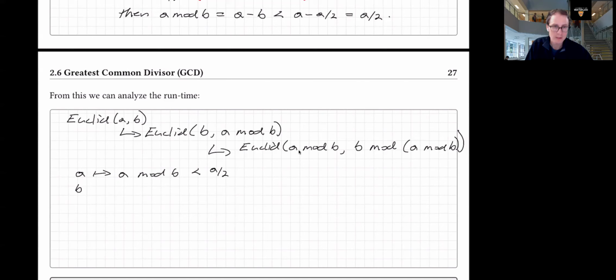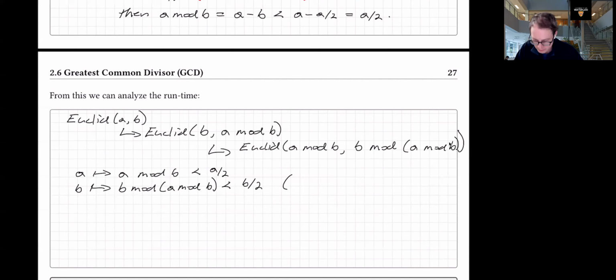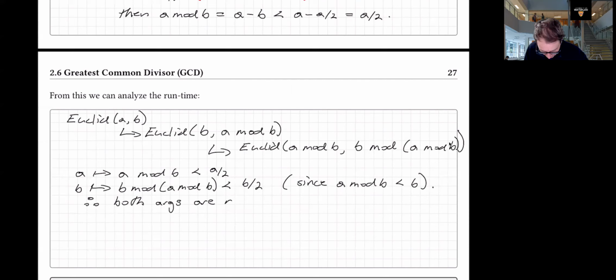And B is now B mod A mod B, which also has to be less than B over 2, since A mod B is less than B. And so we get that both arguments are at least halved every 2 calls.